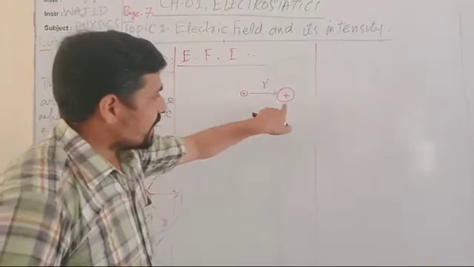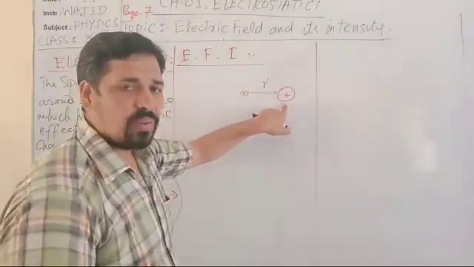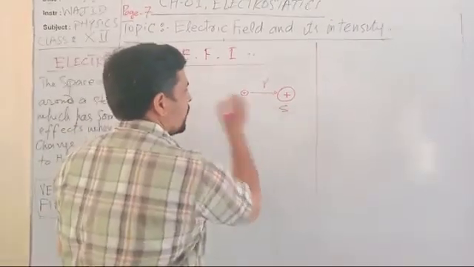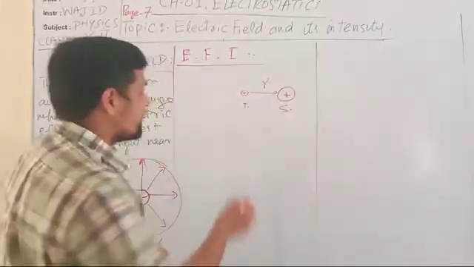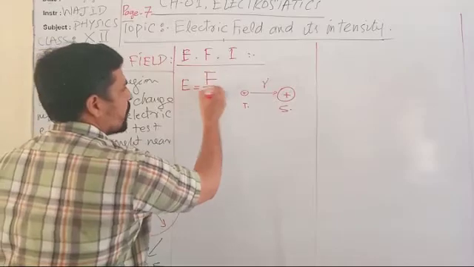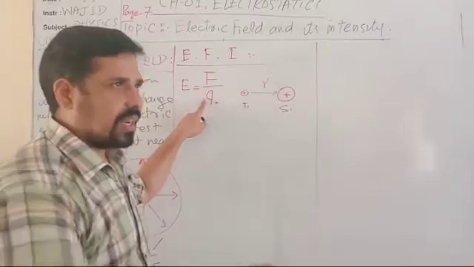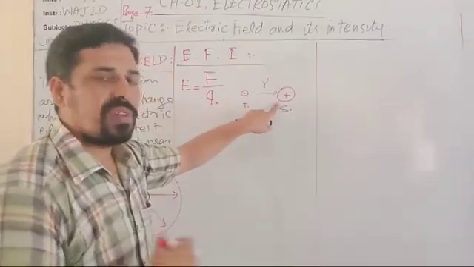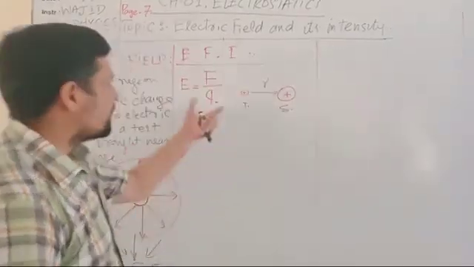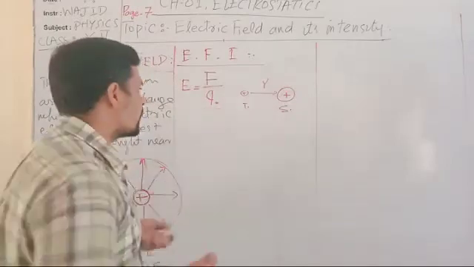In order to calculate the intensity of the source charge, we can say that electric field intensity is force per unit test charge. The force experienced by the test charge coming from the source charge defines the electric field intensity of the source charge. This is the definition, this is the formula for electric field intensity.